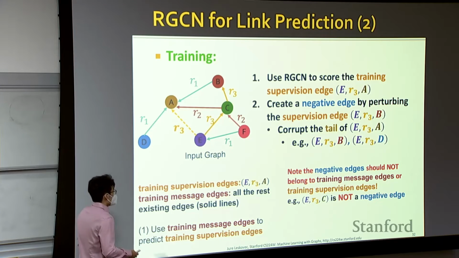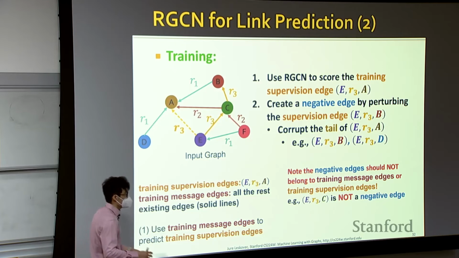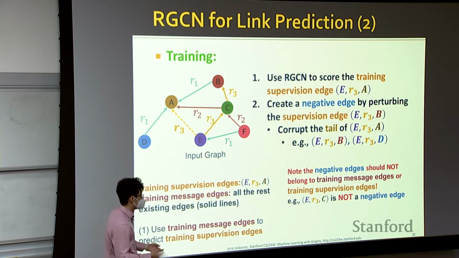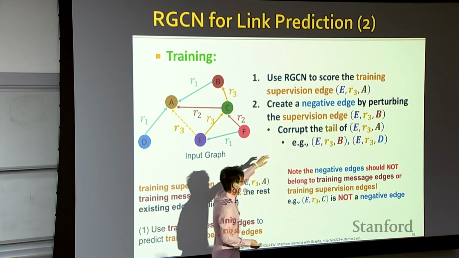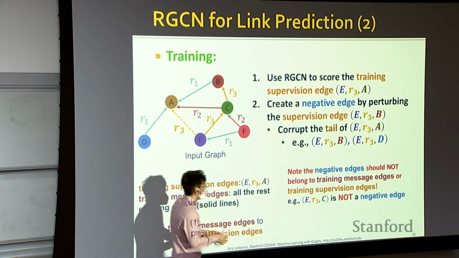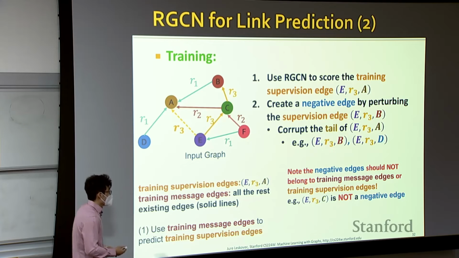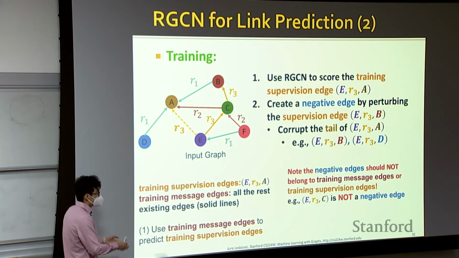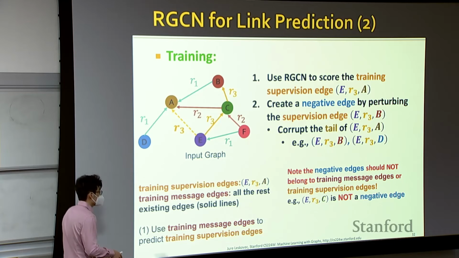So we treat them as negative examples, and we label these potential pairs of nodes as negative. So this is the idea of negative sampling. Given a positive edge that we know, we corrupt it into some non-existent edges, and this way we can get both positive examples and negative examples, and that finishes the setup of link prediction.